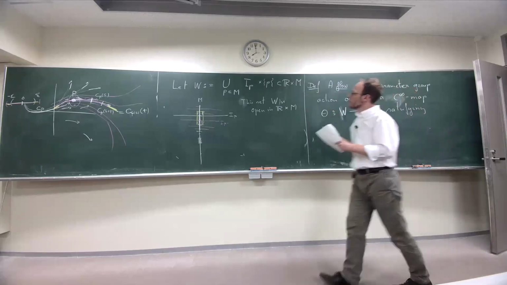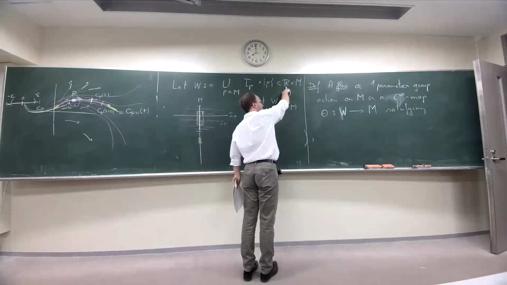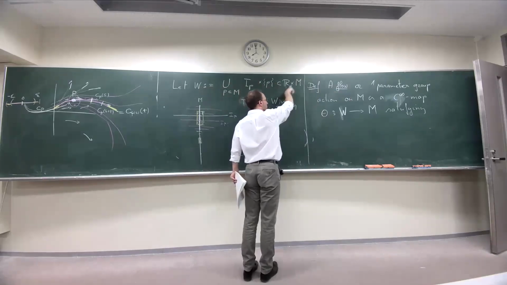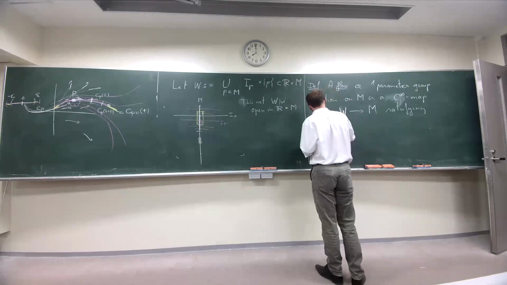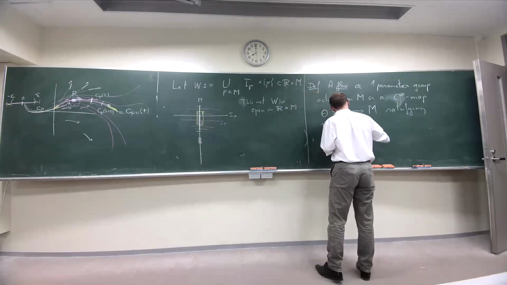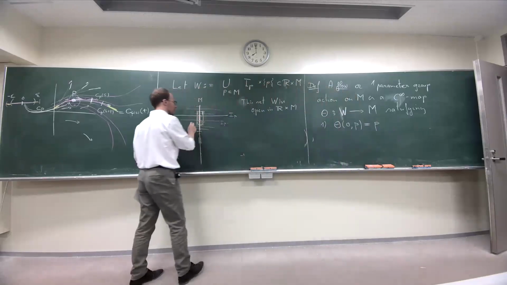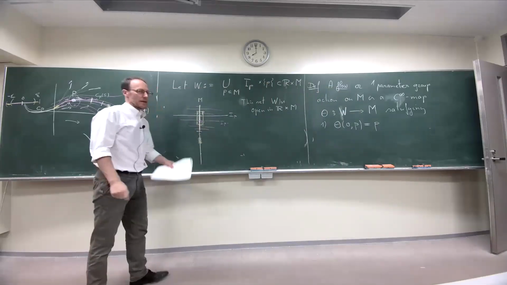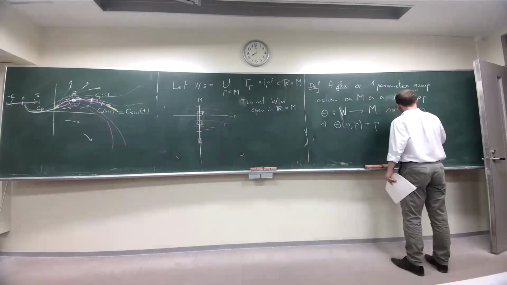So remember, W is made of two things: you have a time T, and a point on the manifold. The first condition is theta of (0, p) is always p, which means your function at time 0 is exactly p, for any p belonging to M.